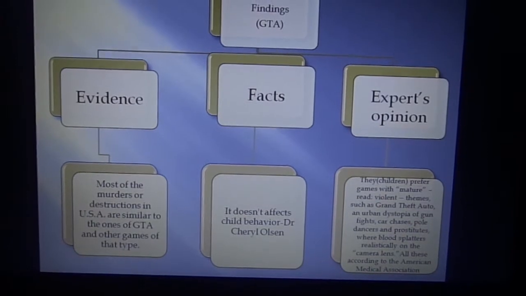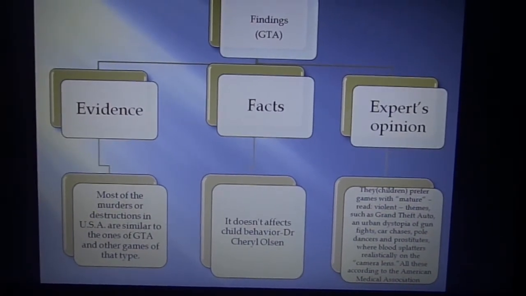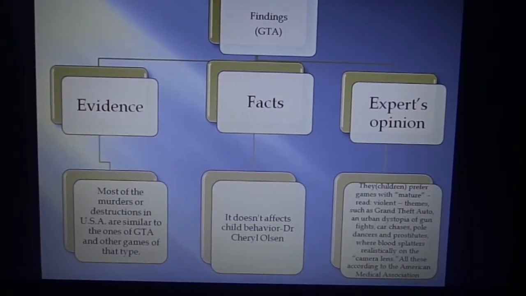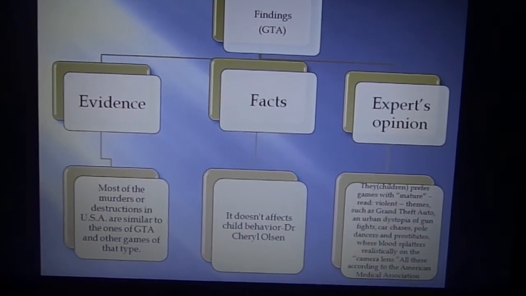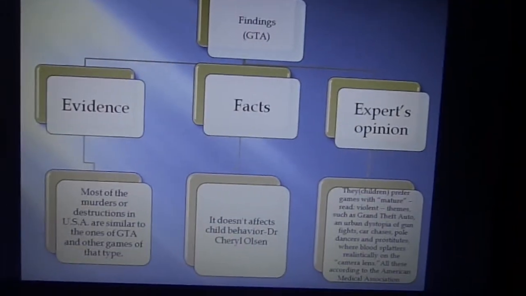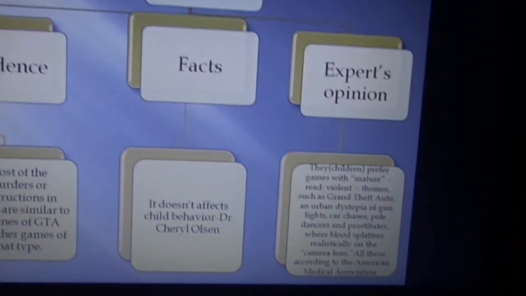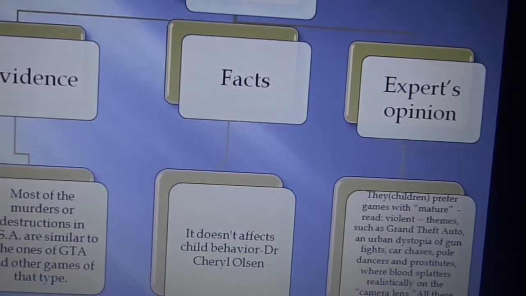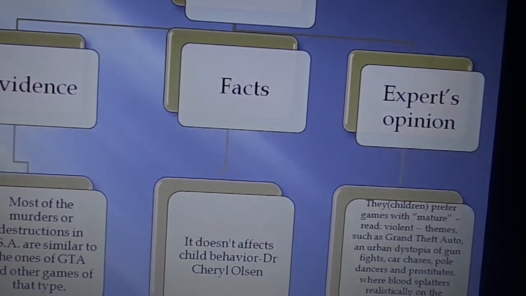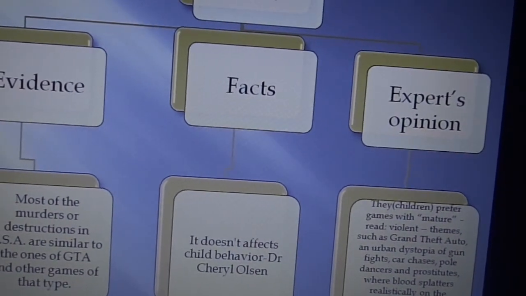And the last square, expert opinion, we put that children prefer games with mature, R-rated video game themes such as Grand Theft Auto, an urban dystopia of gunfights, car chases, pole dancers, and prostitutes where blood splatters realistically on the camera lens. All this according to the American Medical Association.